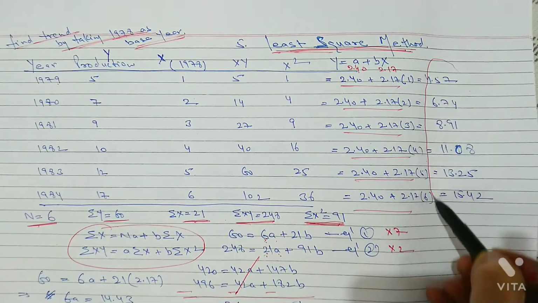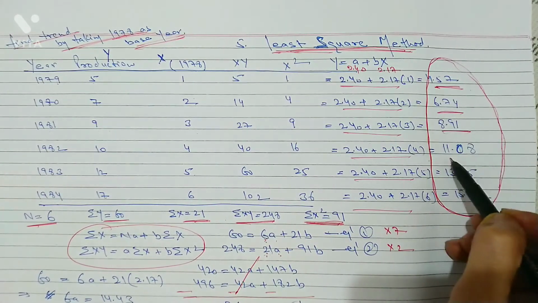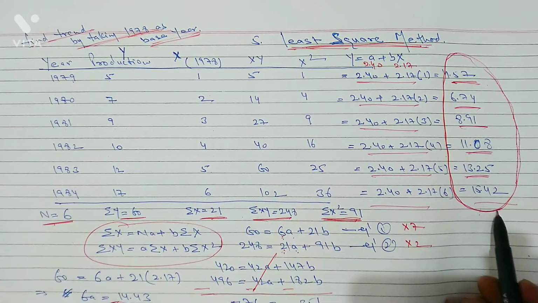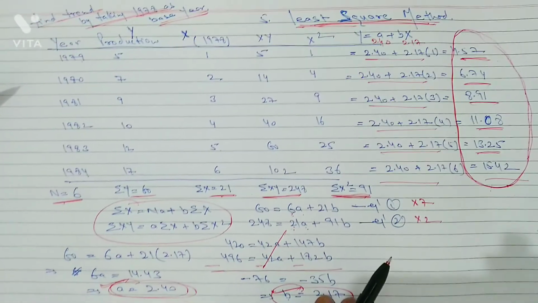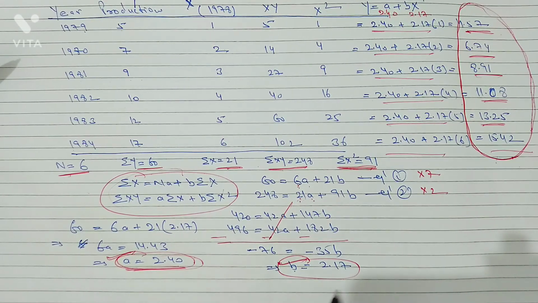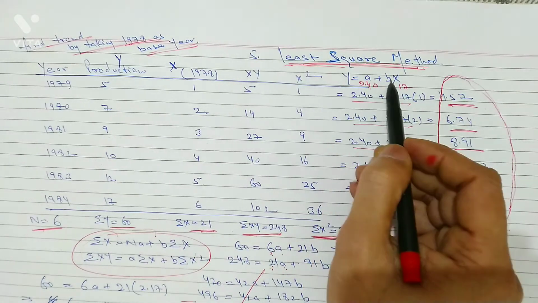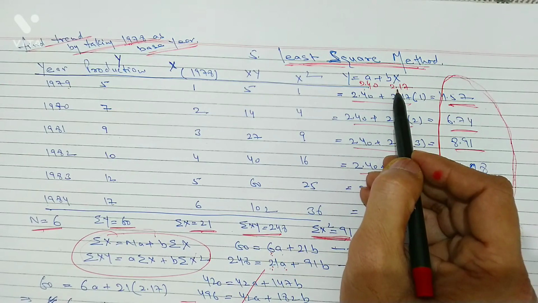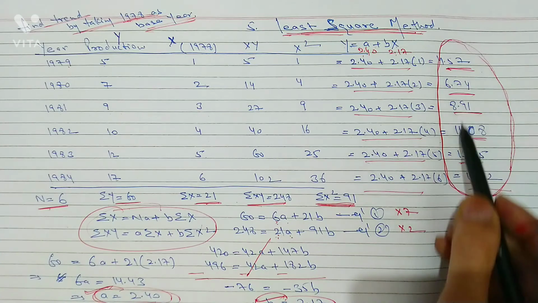These are our trend values, by using the least square method, by using normal equations, by using 1978 as a base year. By the two normal equations we get a equals 2.40 and b equals 2.17. Put these in the trend equation y equals a plus b x, a is 2.40, b is 2.17. So these are the trend values.